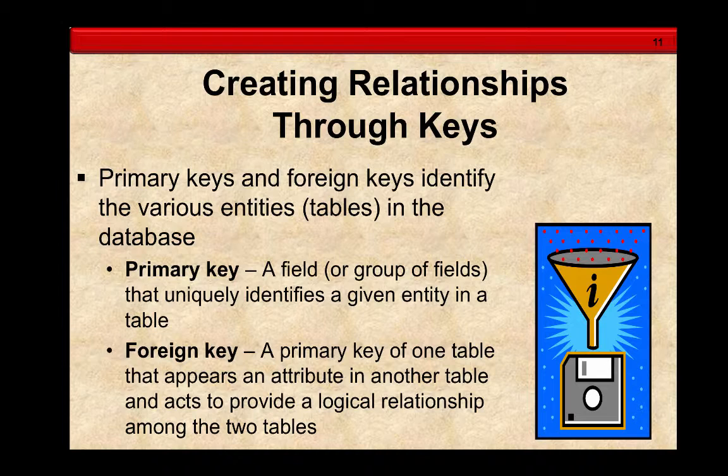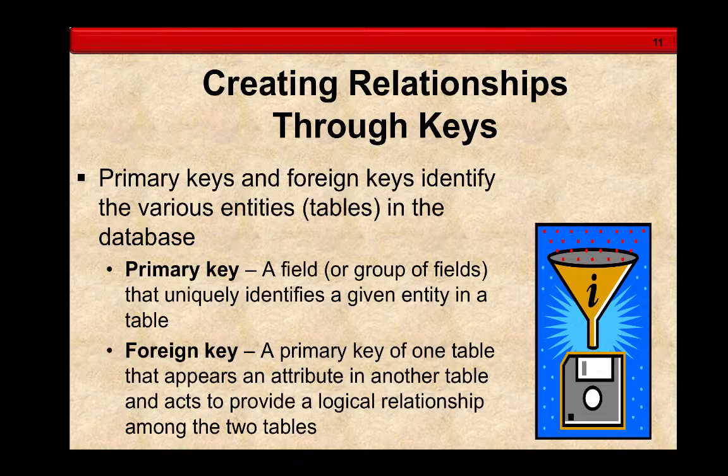So your primary key is a field that uniquely identifies any given entity within the table. So the unique identifier here is Juan. His unique identifier is not his first name, but his social security number.